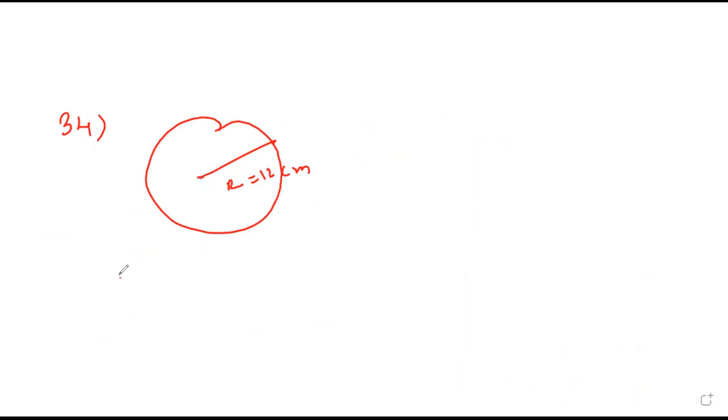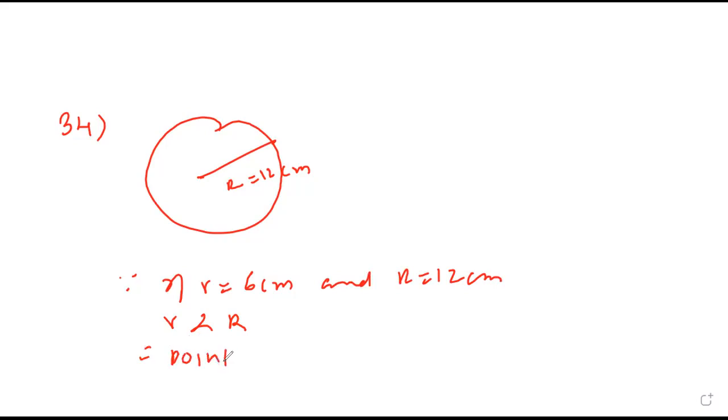Distance of 6 centimeter means if small r is 6 centimeter and capital R is 12 centimeter, that means r is less than capital R. So can I say the point lies inside?